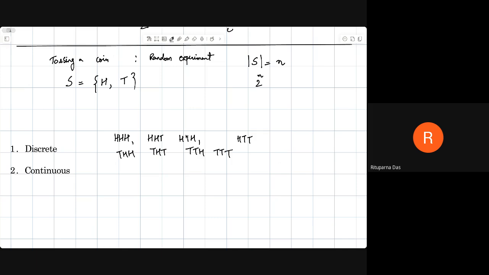So we need to count how many times head occurs twice. This occurs twice once, and this occurs twice 2 times. So our event is head occurs twice.